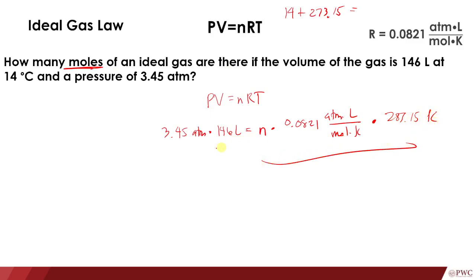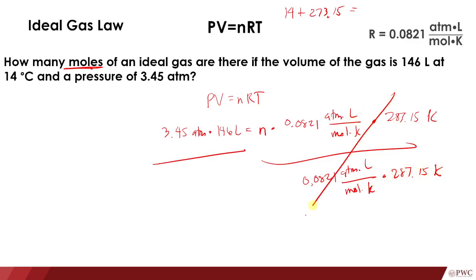Now we're looking for n, so divide both sides by these numbers: 0.0821 atm times liters over moles times Kelvin, times 287.15 Kelvin. What's left here is the number of moles.